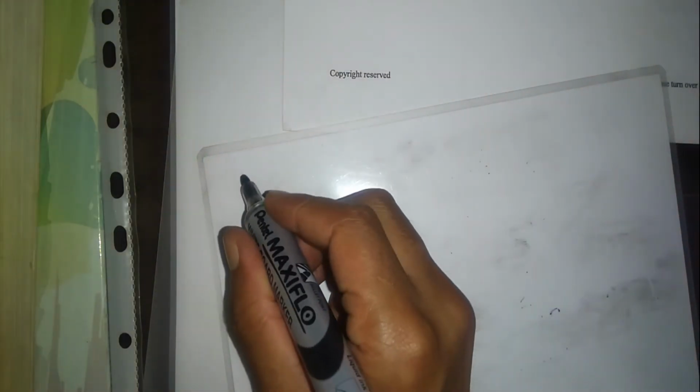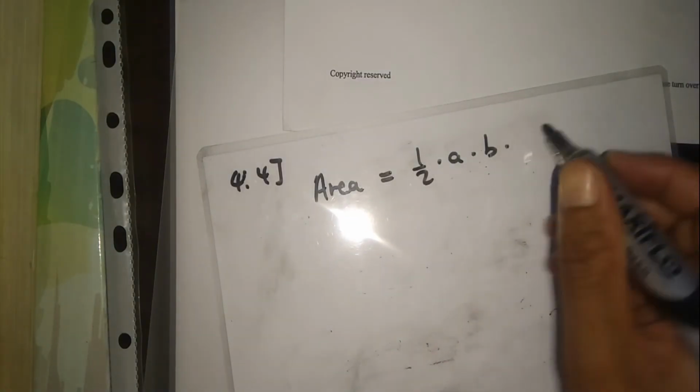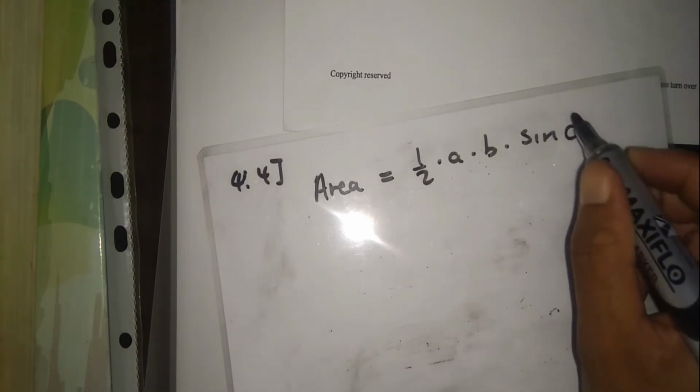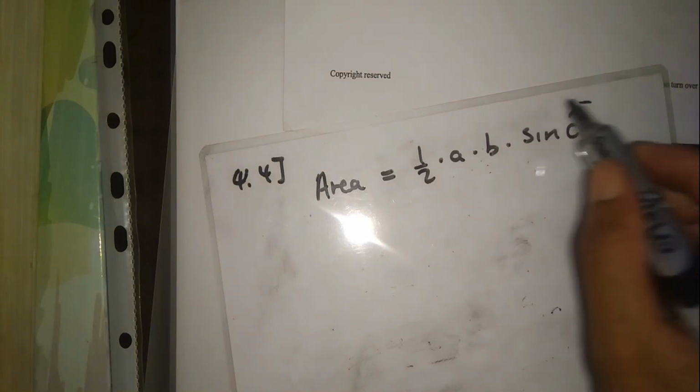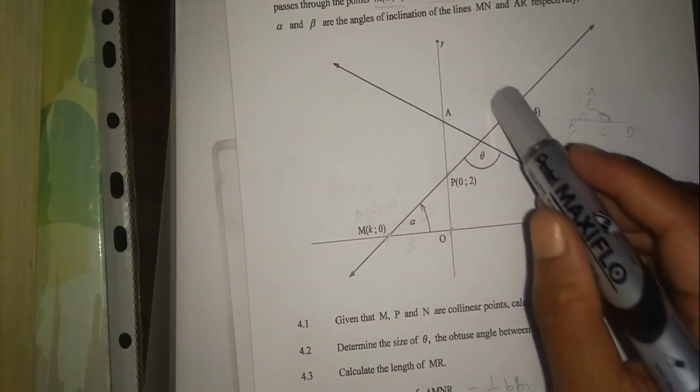For 4.4 we will use the formula: area equal to half times a times b times sine of angle C. You get this formula on your formula sheet.